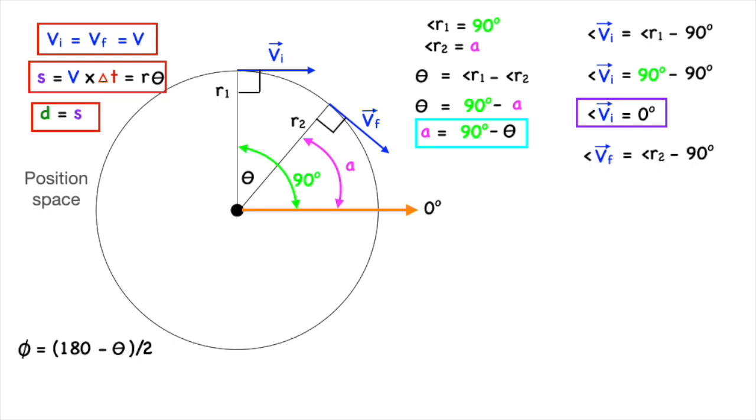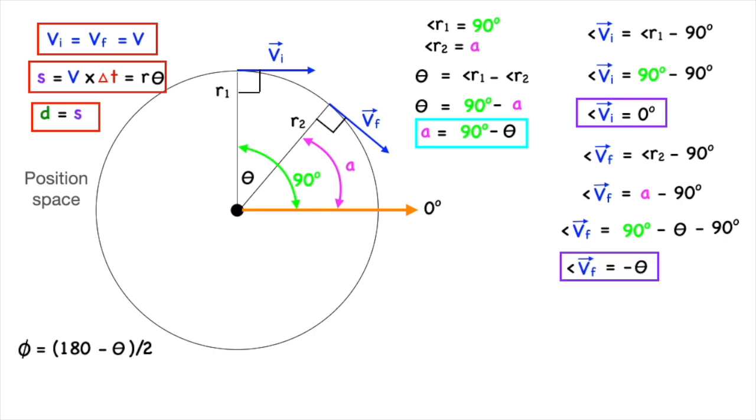Similarly, angle v sub f equals angle r2 minus 90 degrees, or A minus 90 degrees. Substituting for A, we get angle v sub f equals 90 degrees minus theta minus 90 degrees, or simply negative theta. Finally, we are in a position to find the difference between angle v sub I and v sub f.